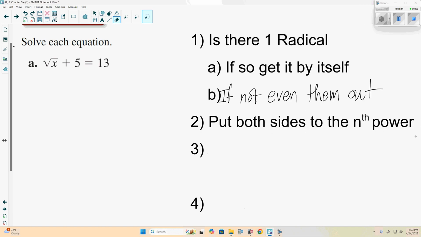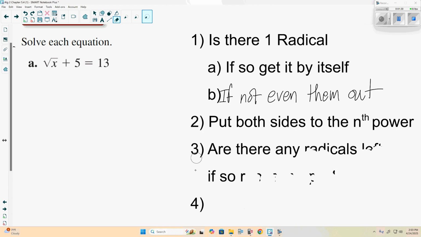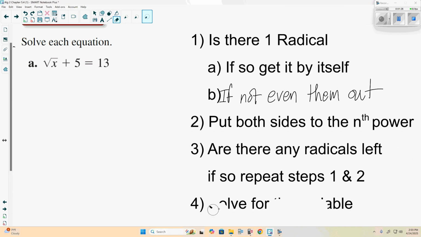Once we do that, we're going to put both sides to the nth power. Step 3 is not going to come into play too much today or tomorrow, but we'll see that come into play later.